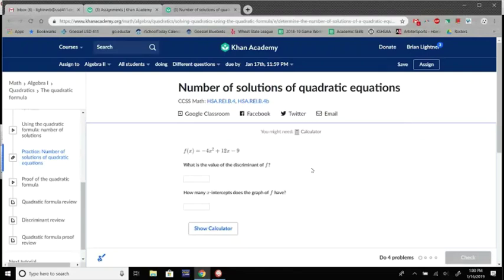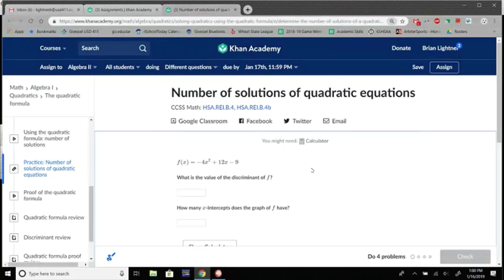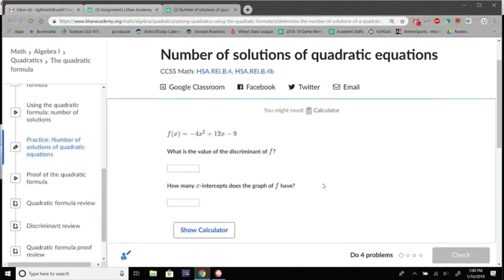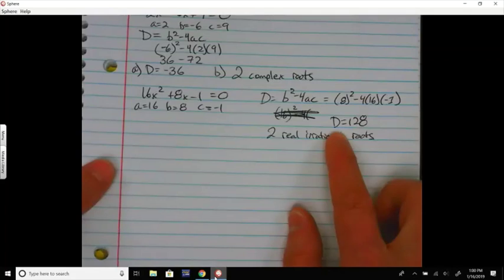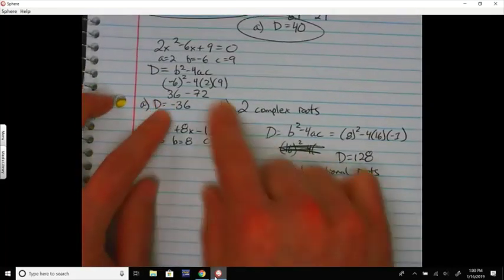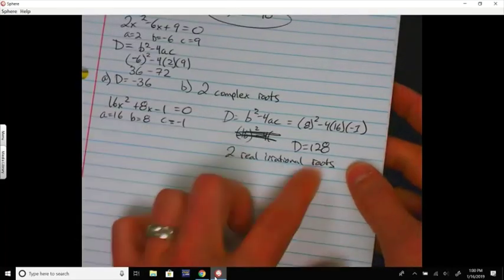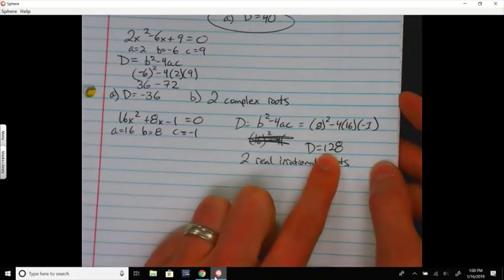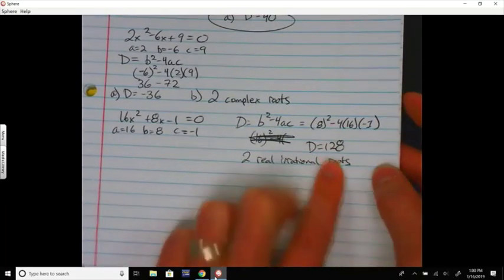How many roots there are? So you have to look at your discriminant, whether it's positive, negative, or 0. The one we just did was a positive 128.